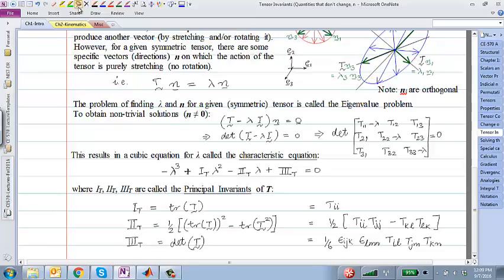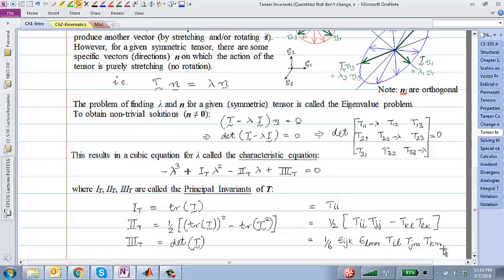The third invariant is the determinant of T. And yes, there is a long initial expression for the determinant of T, which, if you look in the back of the book, there's an exercise problem to prove that the determinant of T is indeed given by this long expression. But let me ask you this: how many free and repeated indices in this expression? How many free indices first? 0 free indices. Which means what? Only one possible value it can have.